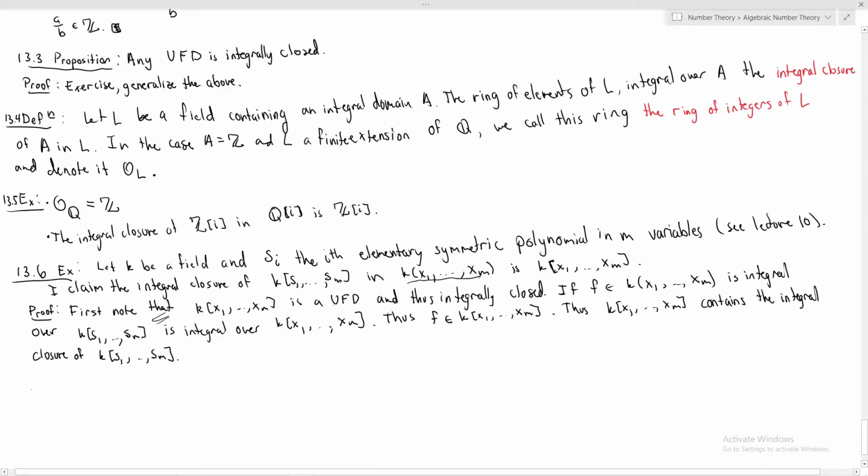Since I know that that is a ring, and clearly contains K, to get the other containment it suffices to show that each xi is integral over K adjoin s1 to sm.